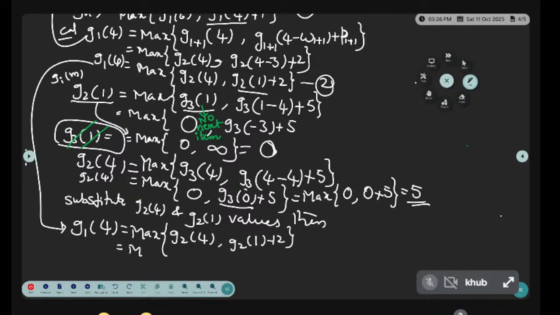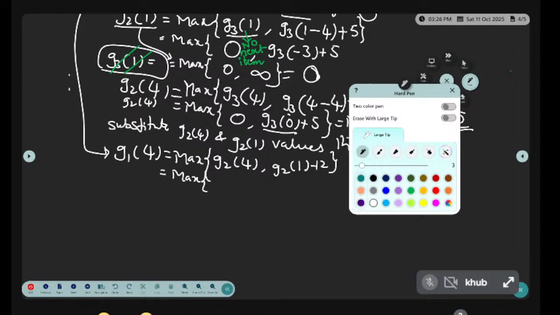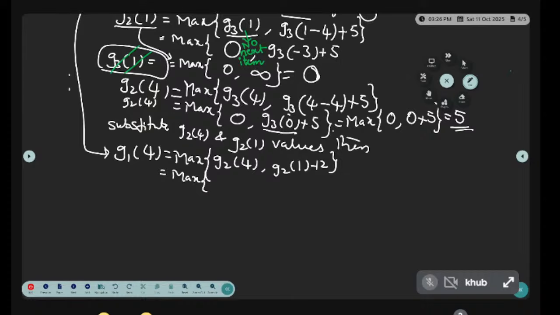That is the maximum of the G2 of 4 value, which is 5, comma the G2 of 1 value. What is the G2 of 1 value? G2 of 1 is 0 plus 2, so this is equal to 5.